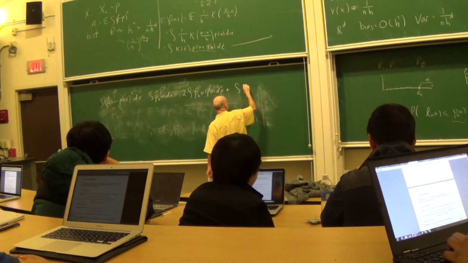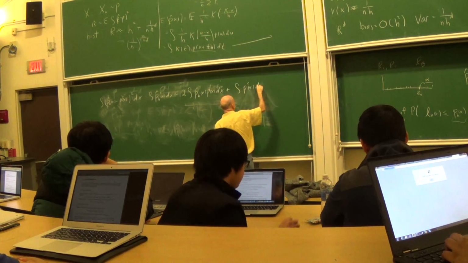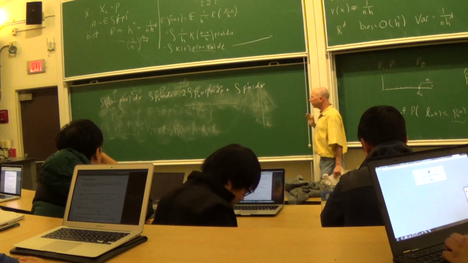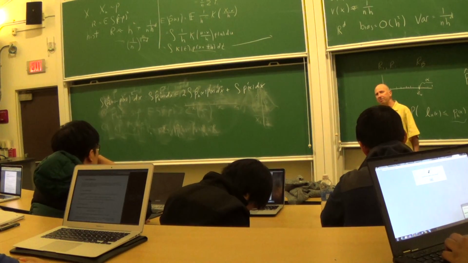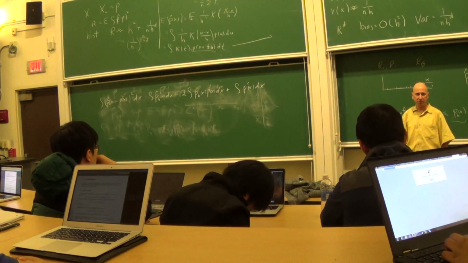So I just expanded the square. What I'd like to do is somehow find a way to pick the bandwidth h to make this quantity small.